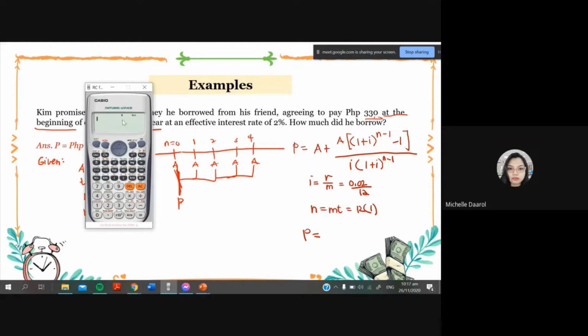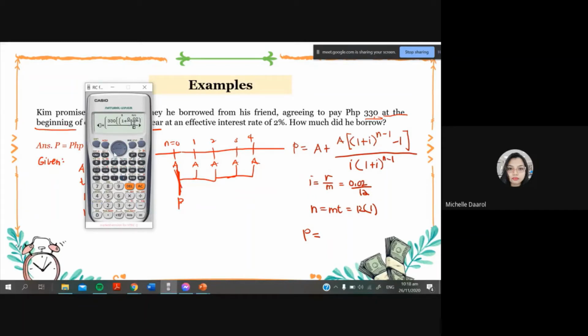Sige daw. Ulitin natin dito kasi iba ang sagot. 330 and then plus 330 times 1 plus 0.02 divided by 12, raised to 12 minus 1, minus 1.